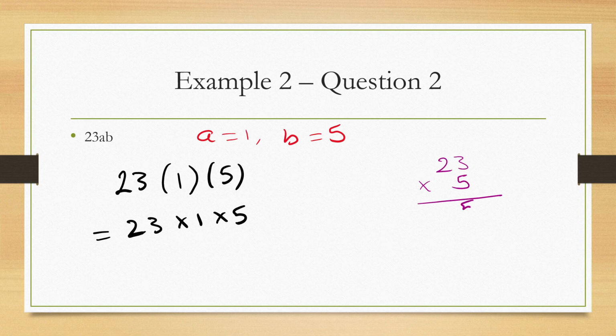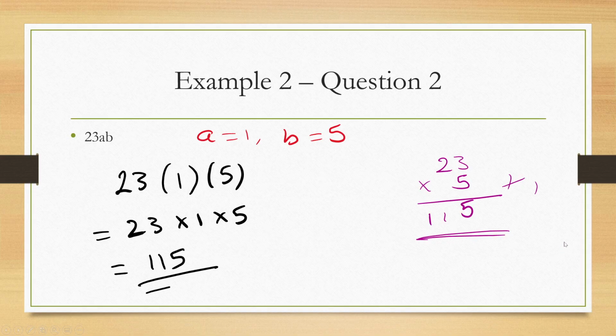So here we're going to do some long multiplication, using the column method, same as before. 5 times 3 is 15, so put the 5 here, put the 1 here. 5 times 2 is 10, and then plus the 1, it becomes 11. So put the 11 here because there's nothing there. So the answer is 515.